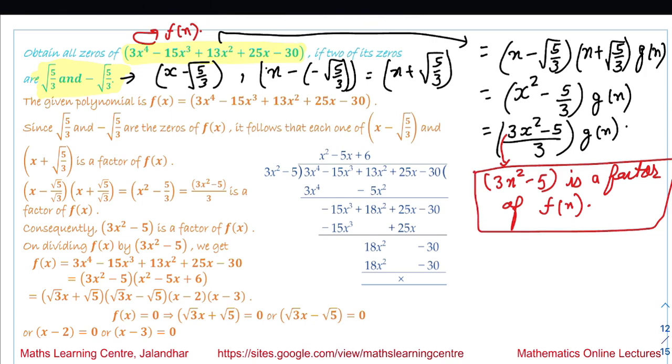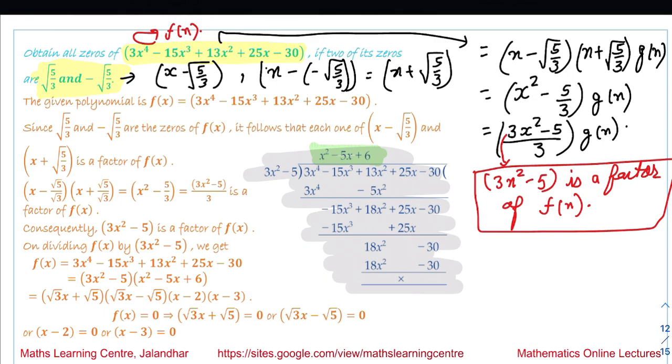So we have divided these two polynomials over here. This division you can try on your own and verify your answer, that the quotient you will obtain is x² - 5x + 6.